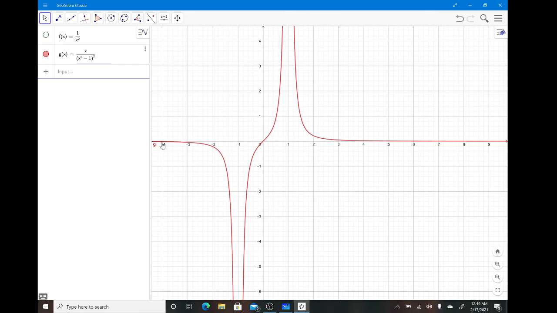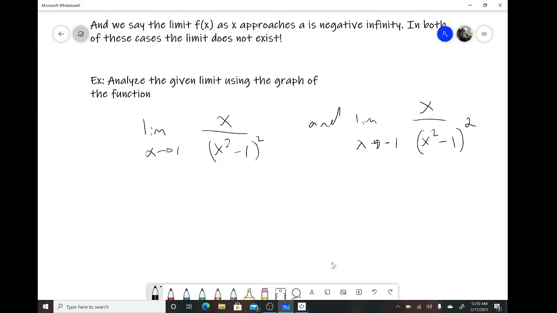And similarly from the left side, as they get closer to minus 1, the output values of the function also begin to grow on the negative side very quickly. So that's going to minus infinity. So we can clearly see that for both cases, the limit does not exist, but we can say that the limit is infinity for the first one and the limit is minus infinity for the second one.